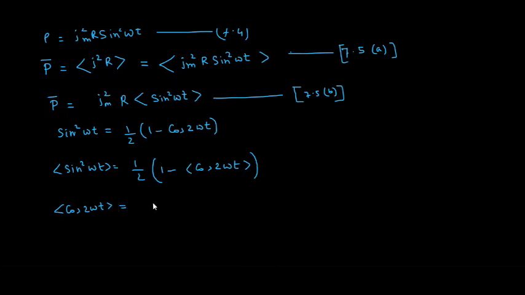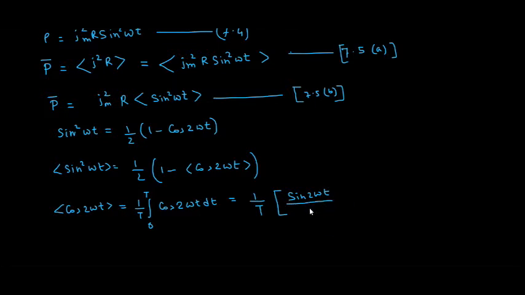Just find it out by integration: 1 by T, integral of cos 2 omega t dt. The integration of cos 2 omega t is sine 2 omega t divided by 2 omega.